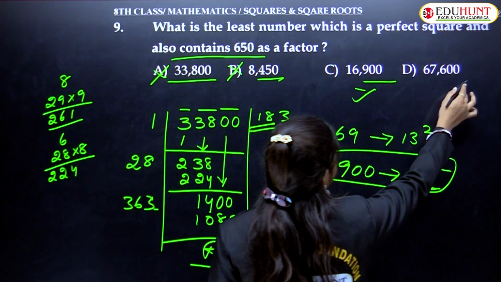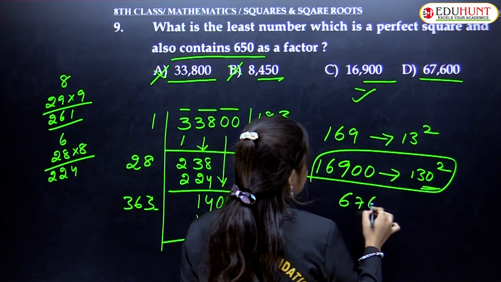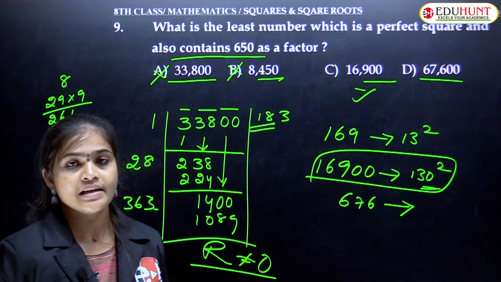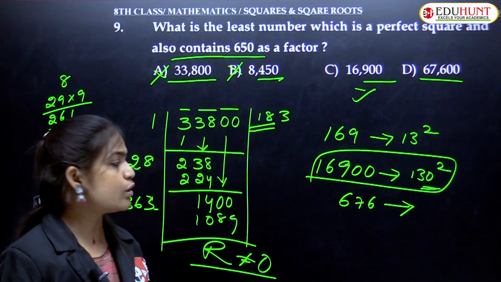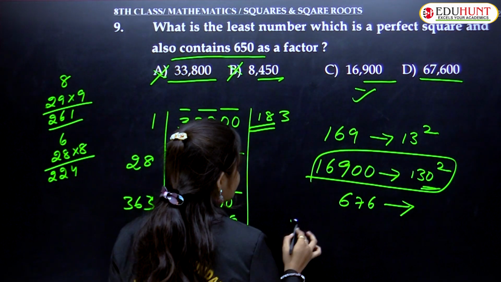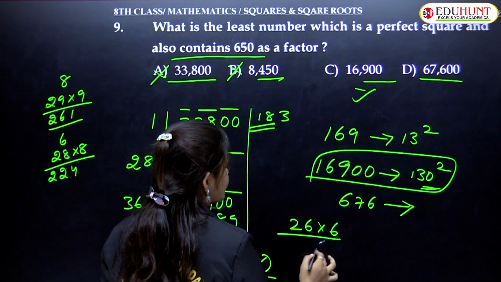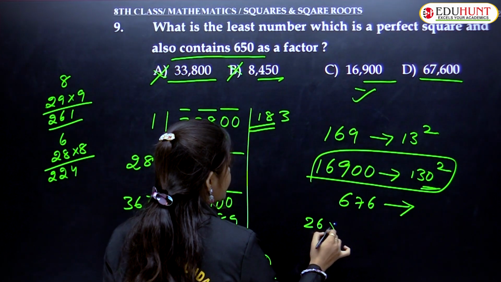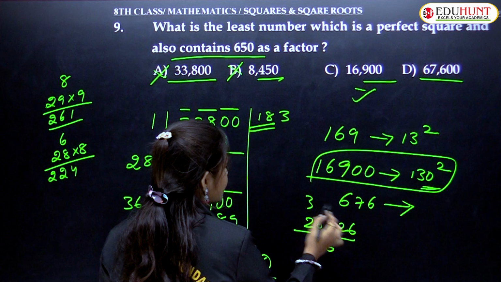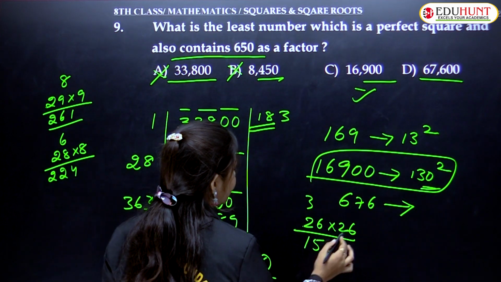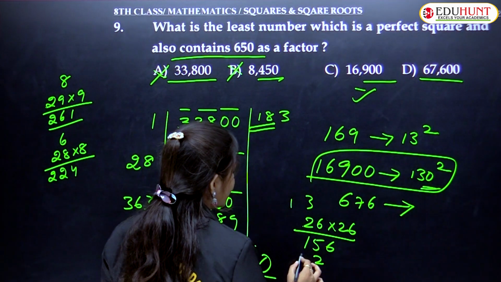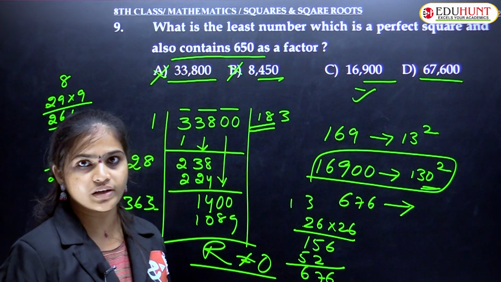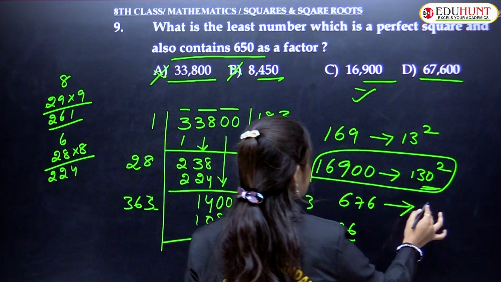Next, another number is 676. Is it a perfect square of 26? Check: 26 into 26, 6 6s are 36, 6 2s are 12, 12 plus 3 is 15, 2 6s are 12, 2 2s are 4 plus 1 is 5. So 676, its square root is 26.